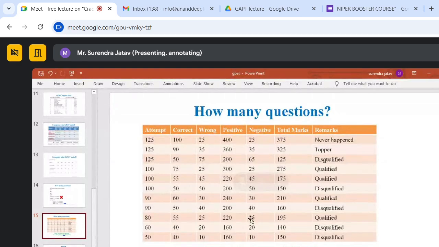Basically, if you are attending 125 questions, with 100 questions correct and 25 questions wrong, then 100 into 4, you will definitely get 400 marks. But 25 you have attended wrongly, so you minus 25, then definitely 375 marks you will get out of 500.